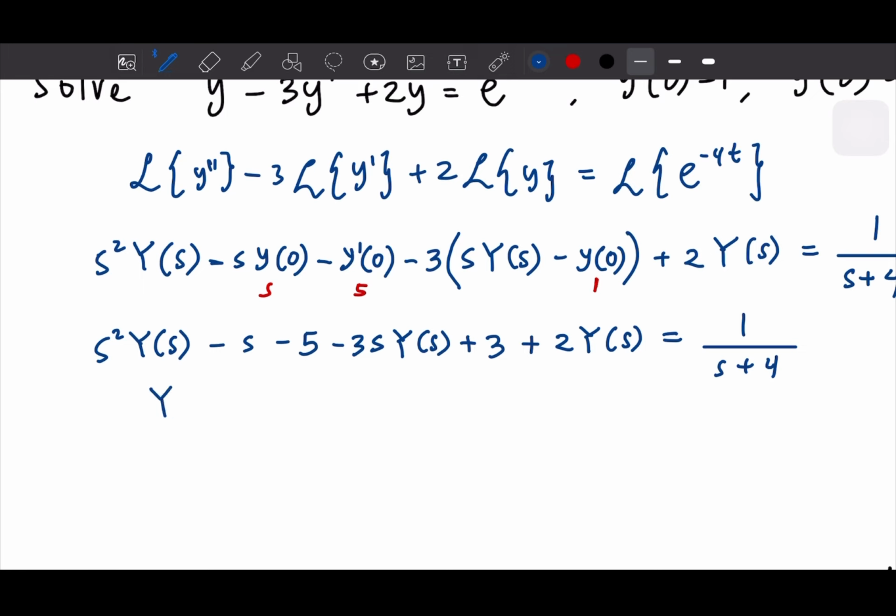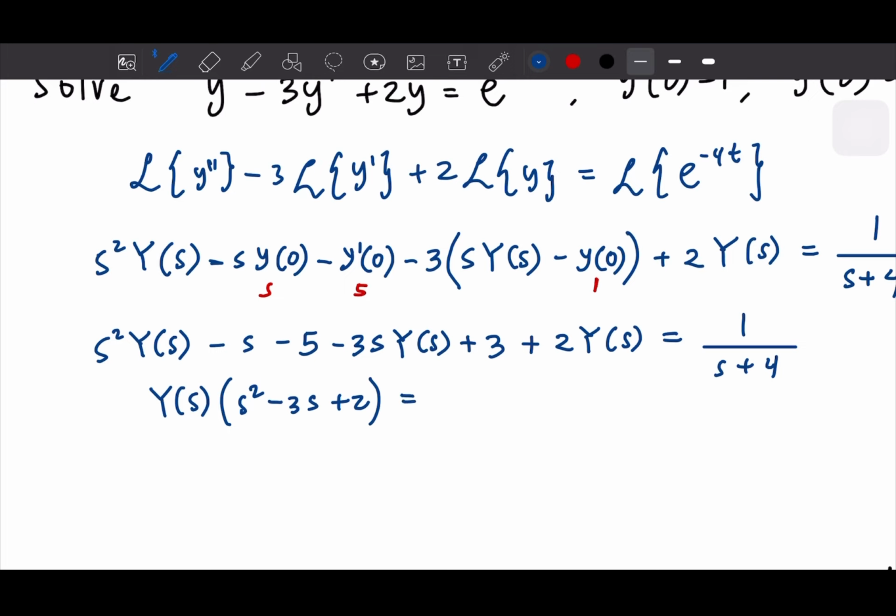So we can factor out the capital Y(s), and we find that this is s squared minus 3s plus 2, right? And then minus 5 plus 3, minus 5 plus 3 is minus 2. So let's move negative s and minus 2 to the right side.